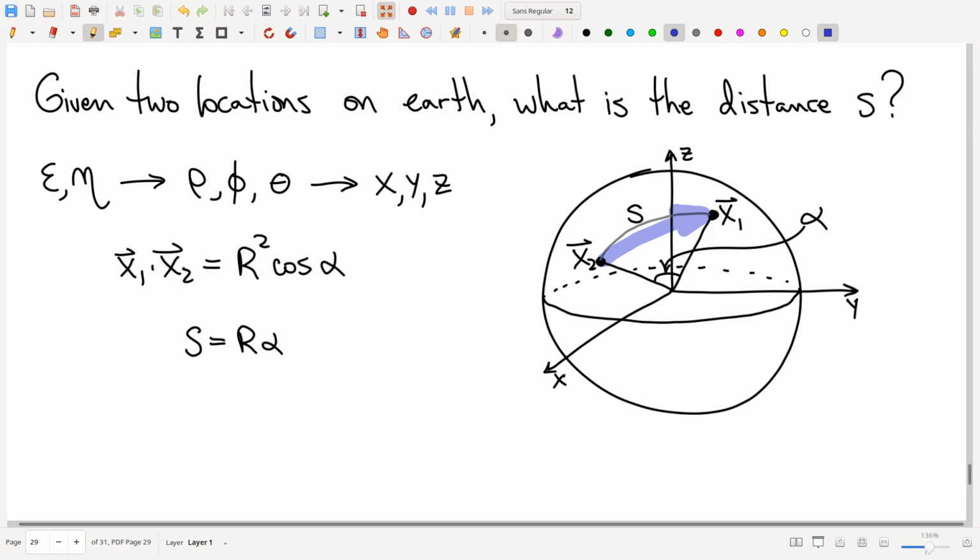But that is still the shortest distance. So we're answering a different question here. We're answering, of all paths on the surface of the Earth, which one is the shortest? So that is never a straight line because there are no straight lines on spheres. And so, yeah, it becomes a nastier problem.